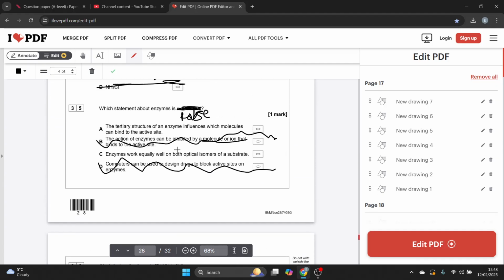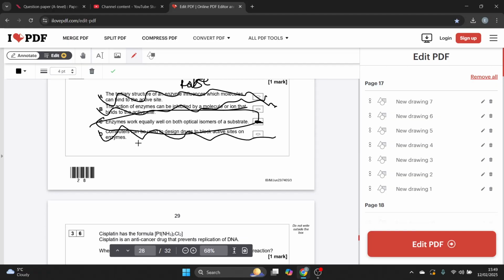So this one again. Tertiary structure influences which molecules combine to the active site. Enzymes work equally well on both optical isomers of substrate. No. They don't work equally well on both optical isomers of a substrate. No, the enzyme needs to be extremely specific. Tertiary structure influences which molecules combine to the active site. That is true. And which one's false?